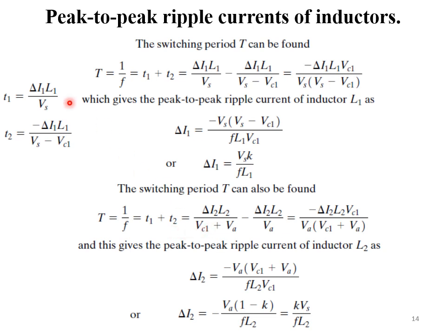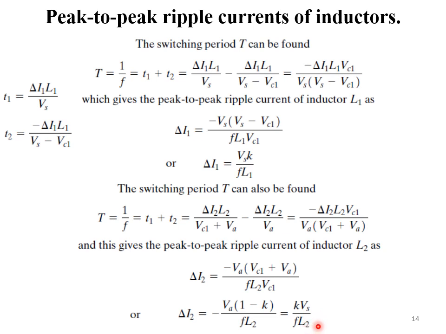So the switching period T can also be found by taking T1 plus T2. That was in terms of delta I1, and this is in terms of delta I2. Take both the T1 plus T2 in terms of delta I2, and I get an expression in this fashion, which will also give me the ripple current delta I2. So delta I2 is equal to minus of VA into 1 minus K upon F L2, and if I solve, this will be equal to K into Vs upon F into L2.